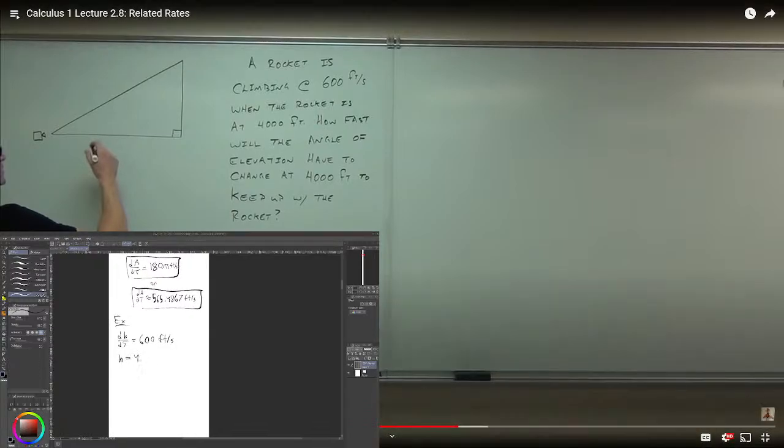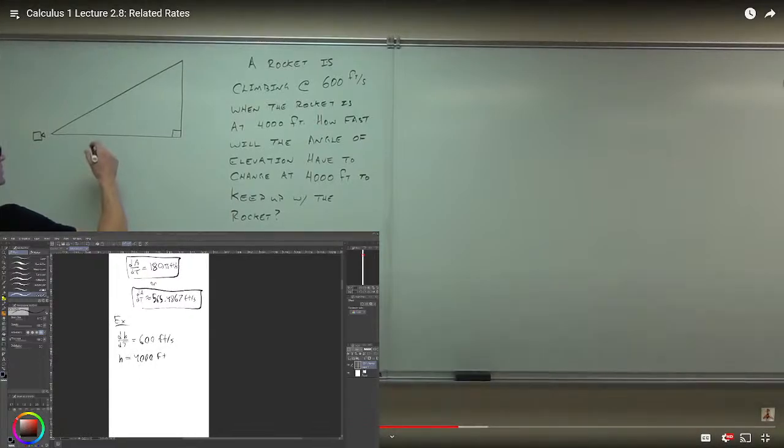The height is 4,000 feet. How fast will the angle of elevation have to change? Angle of elevation.